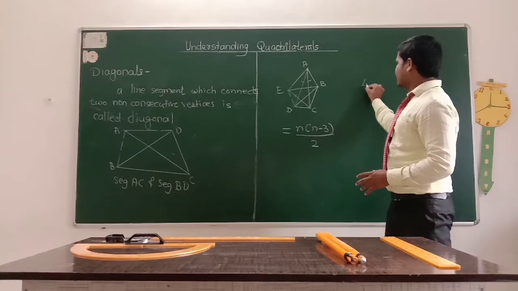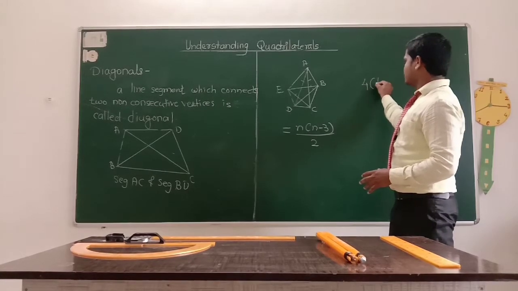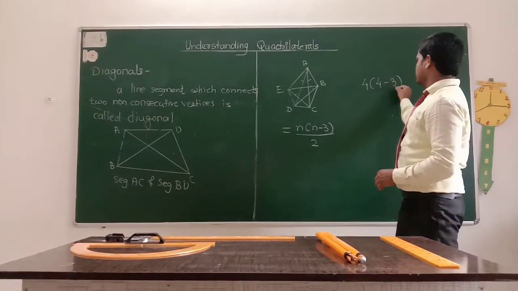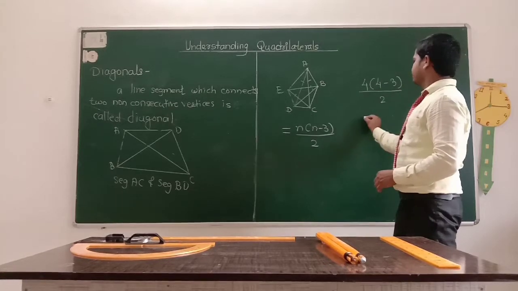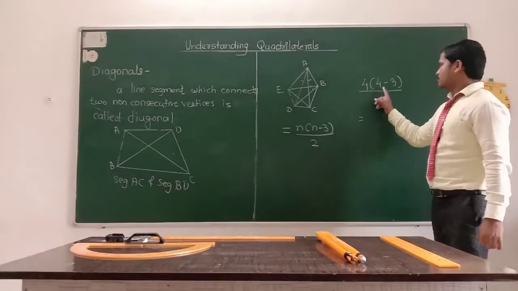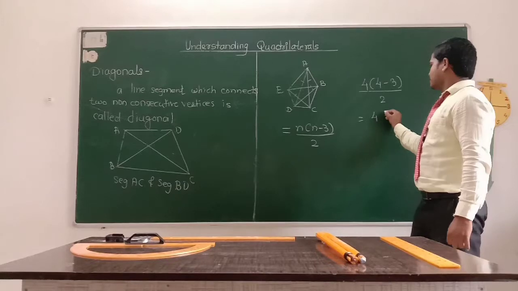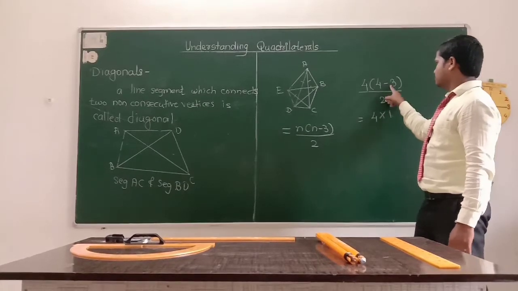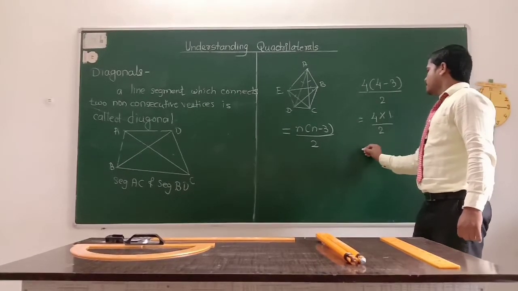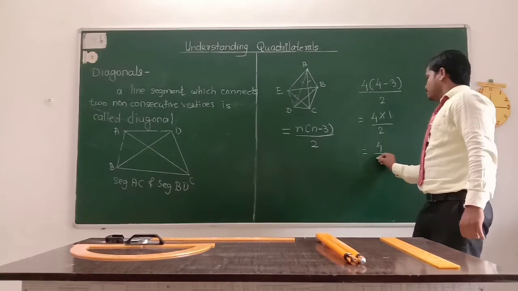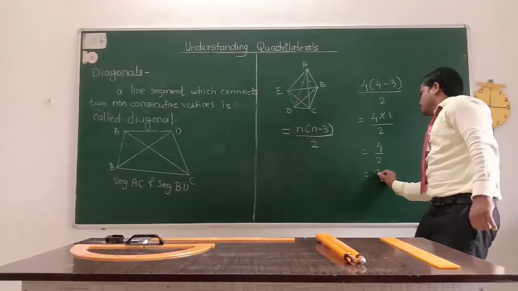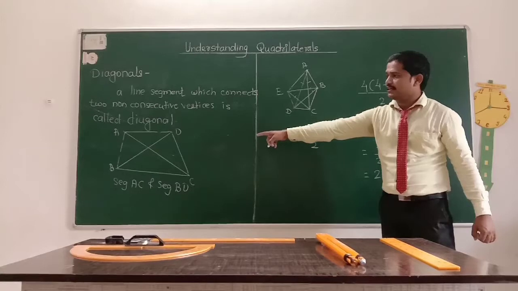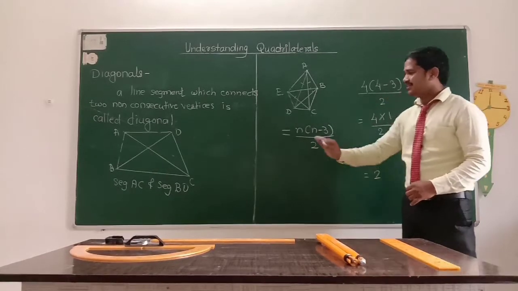A quadrilateral has 4 sides. So 4 into (4 minus 3) upon 2. We solve the bracket first: 4 minus 3 is 1, multiplied by 4 is 4, upon 2, that is equal to 2. So the exact number of diagonals of a quadrilateral is 2.